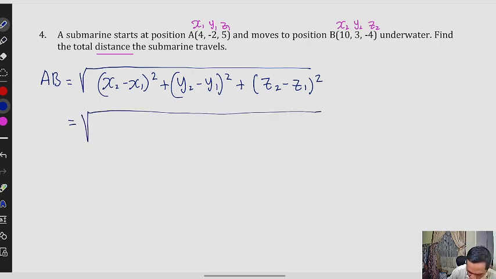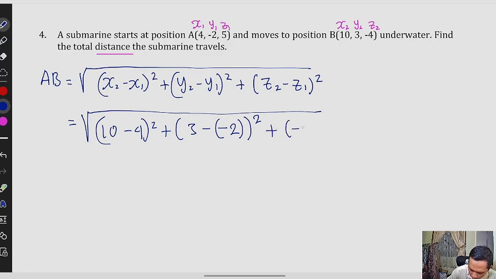So we have 10 minus 4 squared, plus y2 is 3, minus, be careful, minus negative 2. Minus with minus becomes plus later on. Then squared, plus z2 is negative 4 minus 5, and then we square.